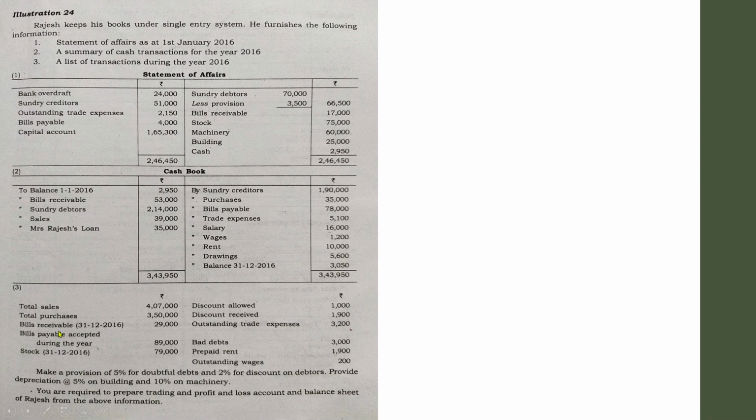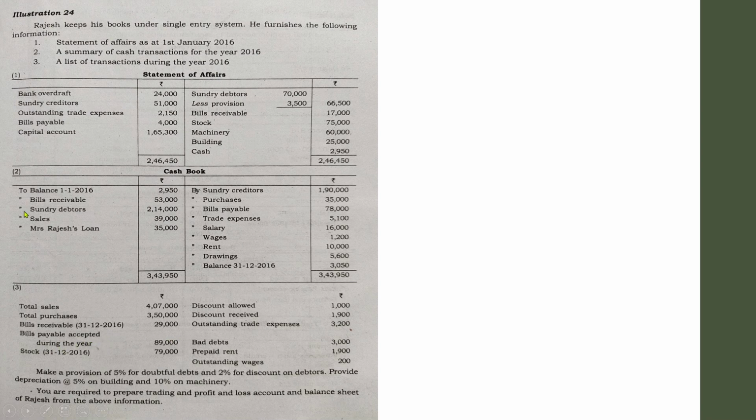Next one, bills receivable. The closing balance of bills receivable is given. If you go through the statement of affairs, you can see that there is also an opening balance of bills receivable, so we will prepare their account. And bills payable accepted during the year 89,000.